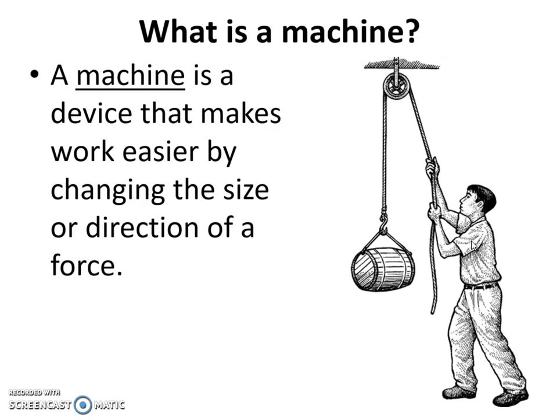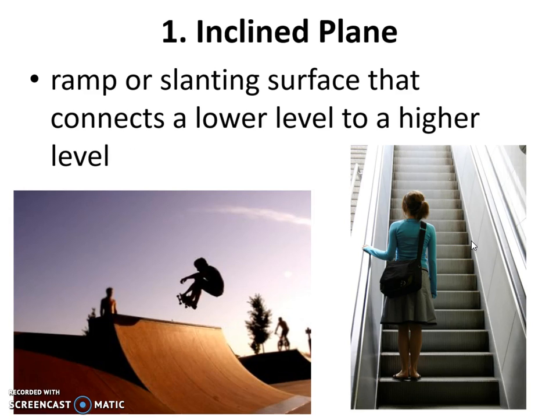What do we start with? The first simple machine is an inclined plane. This is a ramp or slanting surface that connects a lower level to a higher level. Like a skateboard ramp, for example. An escalator, stairs, all of these are examples of inclined planes.